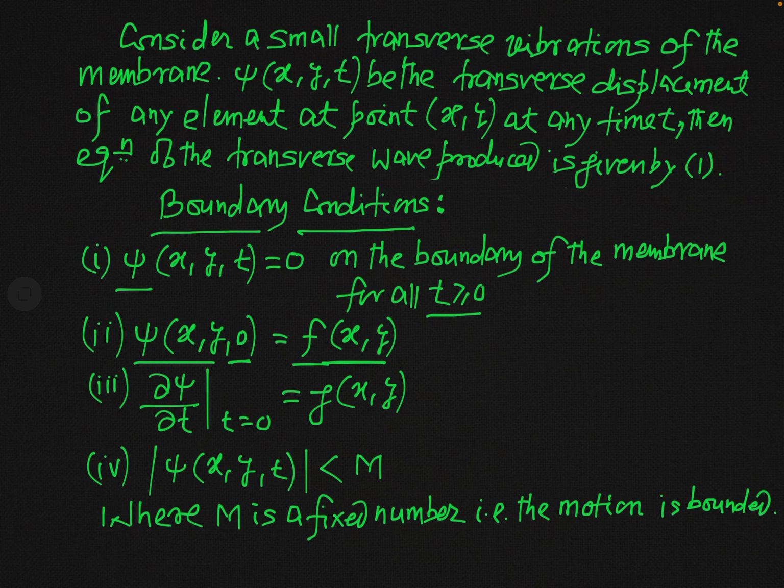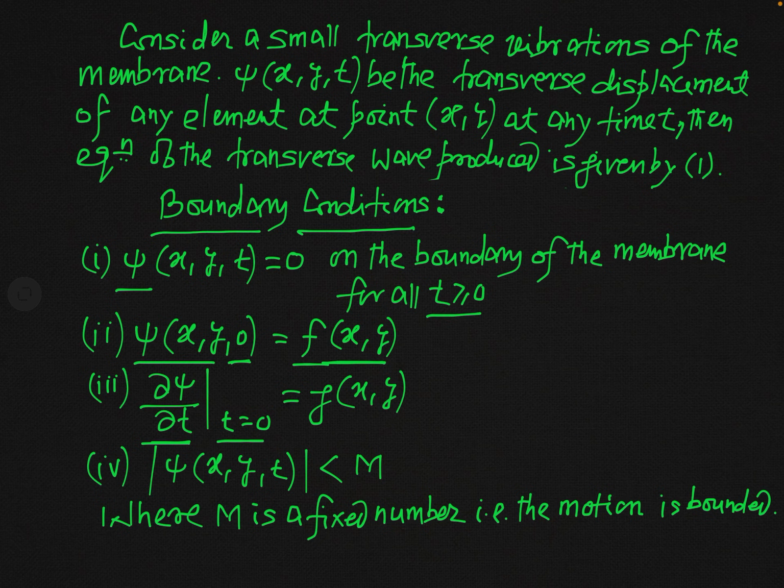Similarly, the other boundary condition is that the initial velocity of any element of this membrane, which is defined as del psi by del t at t equal to 0. Because psi is displacement, its partial derivative with respect to time t will be velocity, and when you take the limiting condition t equal to 0, you are talking about the initial velocity.